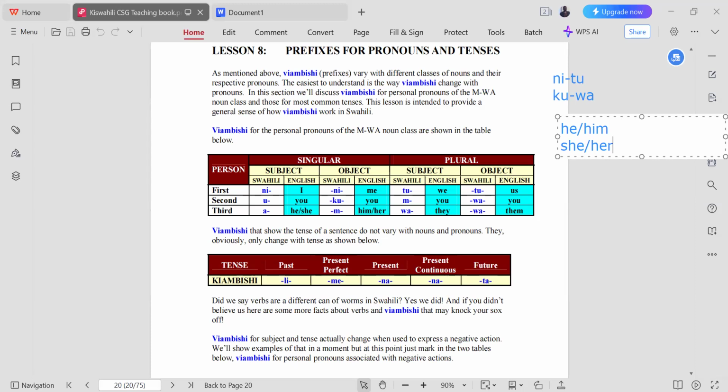What's the difference when you say he and when you say him? No, not in Swahili. I want you just to give me clear differences in English. What will you mean different when somebody says she and when somebody says her?